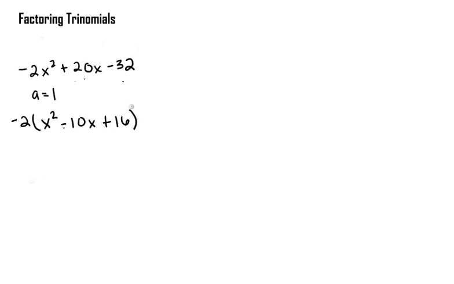Now this is set up in a trinomial that we recognize, and we ask ourselves, what multiplies to be 16 and adds to be negative 10? So let's list the factors of 16. 1 and 16 are not going to work. However, negative 2 and negative 8 may, and negative 4 and negative 4. Again, I listed the negative factors because I want it to equal a negative number.